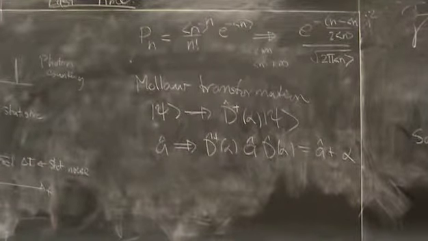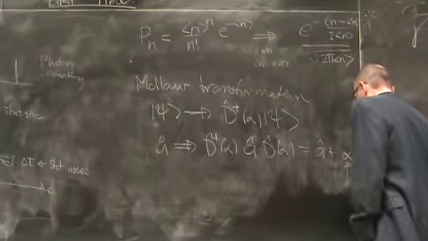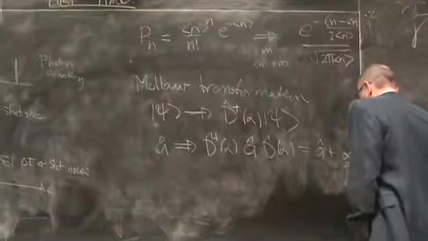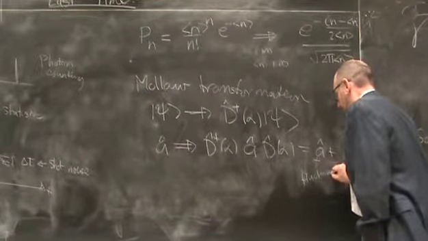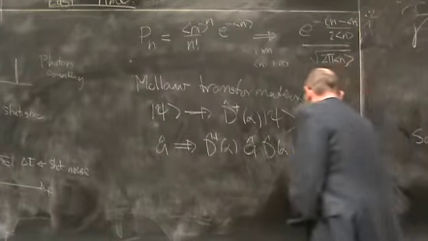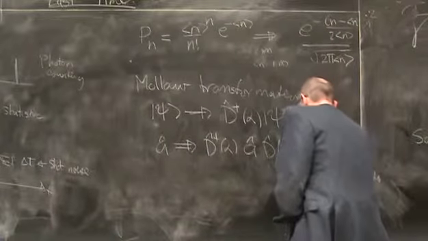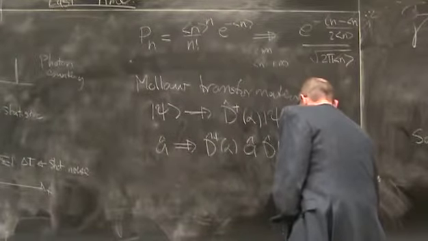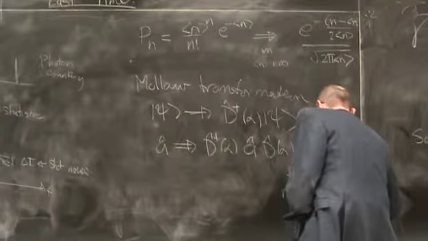So in some sense, this operator is kind of the mean field, and this is the fluctuations. This operator here is telling me something about the fluctuation relative to the mean. Does that make sense to everybody?